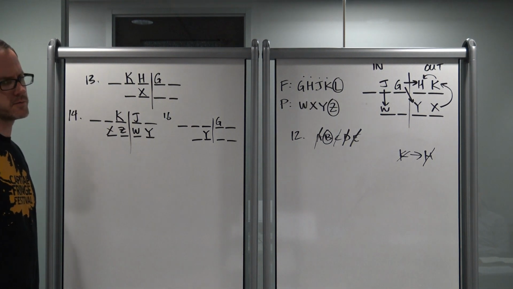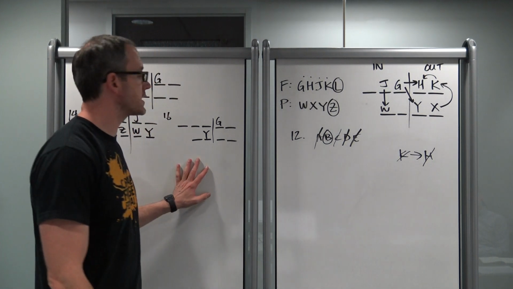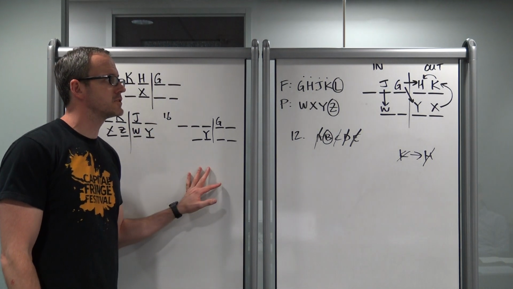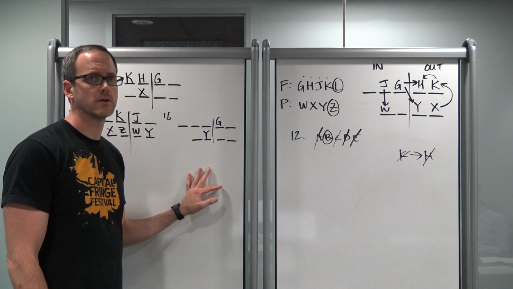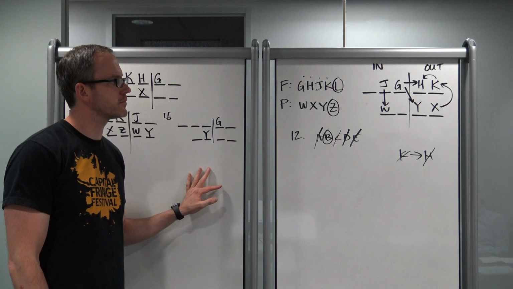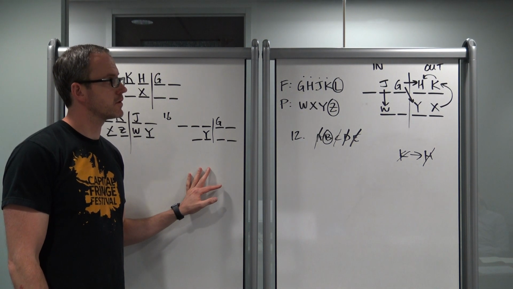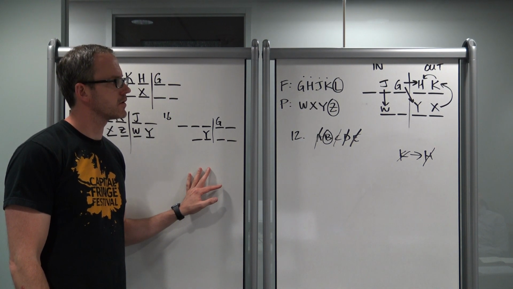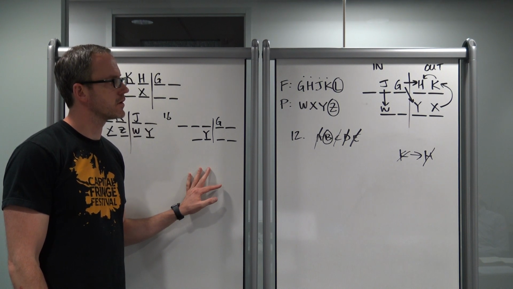I'm not following why you said K and J can't be together. Well, if you select a K, then you have to have an X, and if you select a J, then you have to have a W. But you only have one spot left, because you already have Y. So if you have both of those fish, you have to have both of those corresponding plants, but you can only have one more plant.